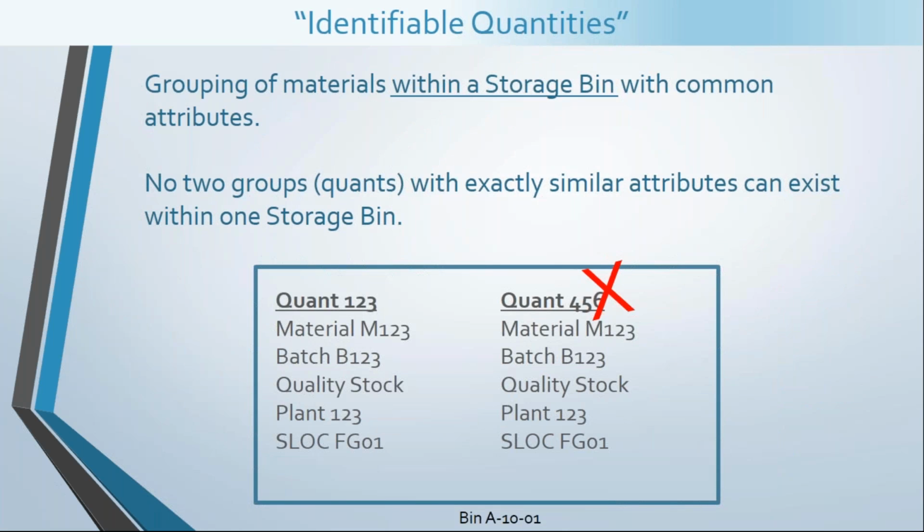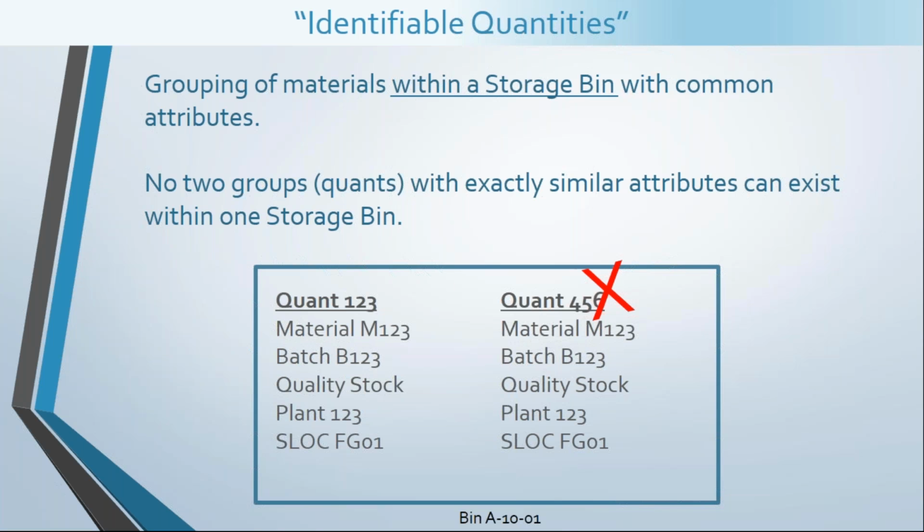Okay, and what is also very important to understand is that within one particular storage bin, we cannot have two groups, or let's say two quants, with exactly similar attributes. So that's what I have also shown in the lower half of this slide.